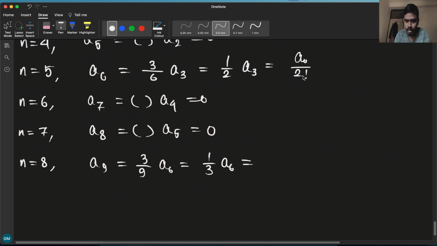We know a6 is a0 by 2 factorial, so that means a9 will be a0 by 3 factorial.